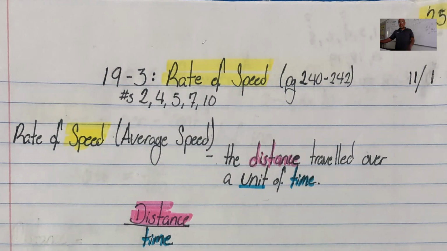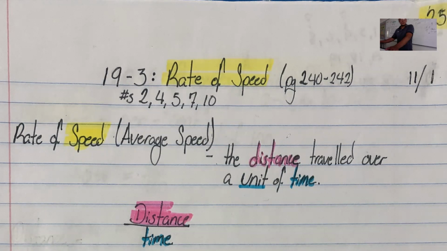The two units that I'm dealing with here are both distance and time. The distance traveled over a unit of time. And let me remind you that the word unit always refers to the number one.